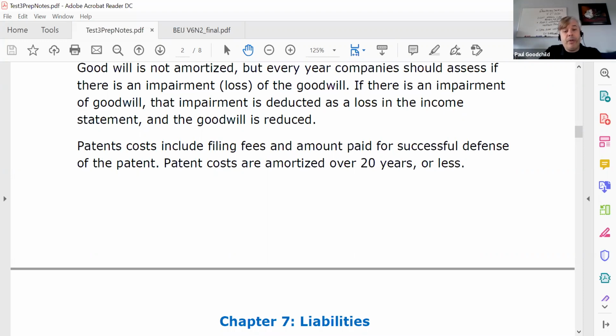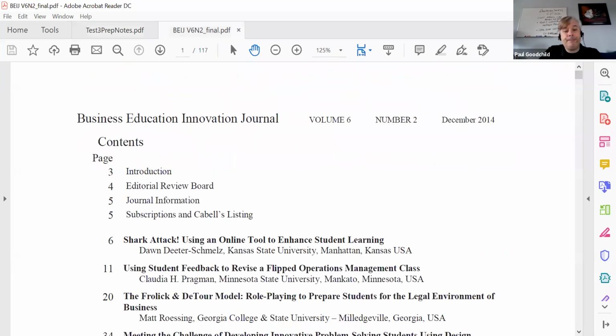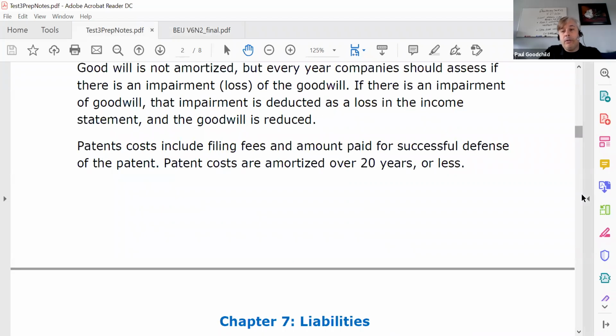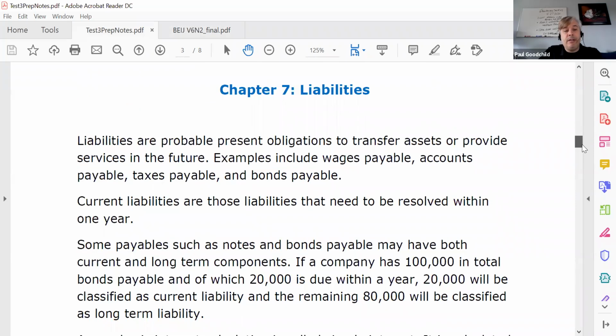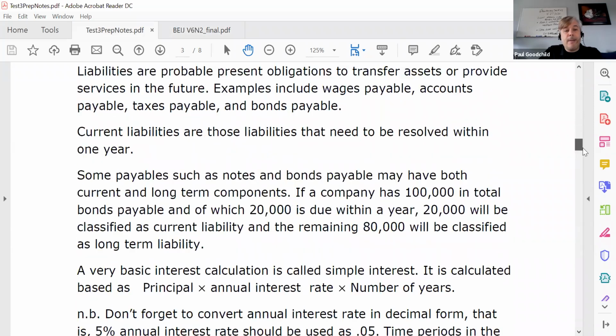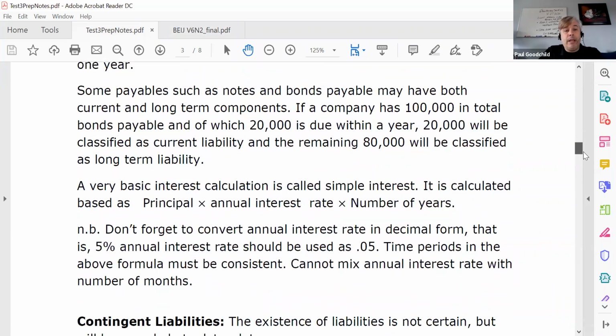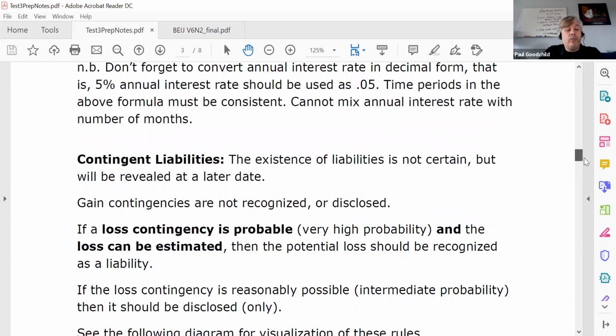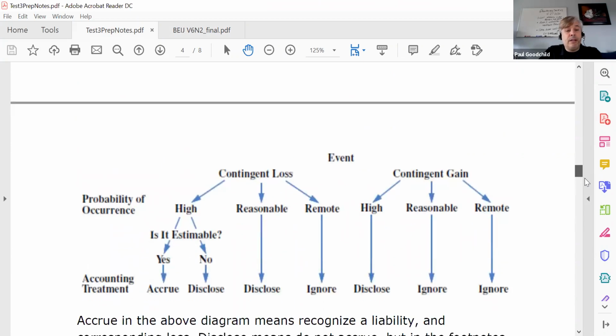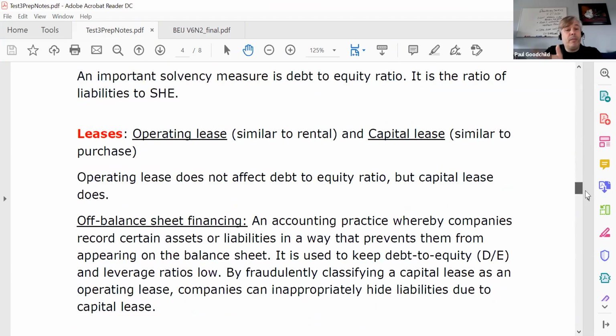Now, one of the things that I'll point out is if you look at the other document in chapter 7, they have liabilities listed, and you don't need to know anything about contingent liabilities, and you don't need to know about leases except for what is an operating lease, what is a capital lease.